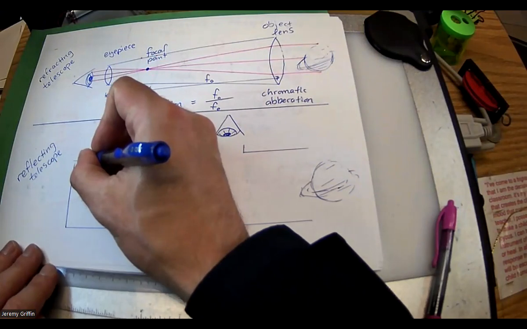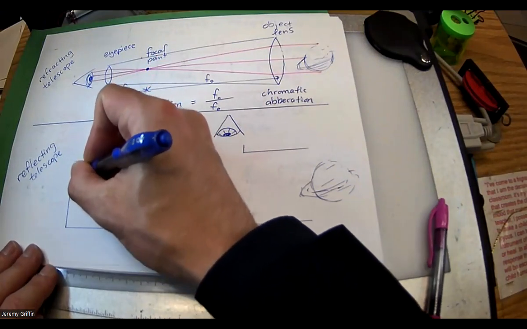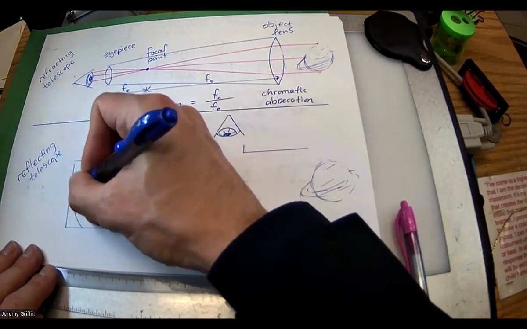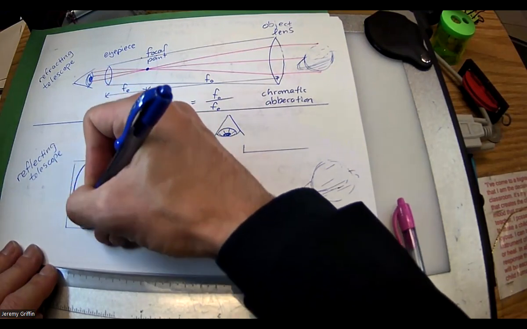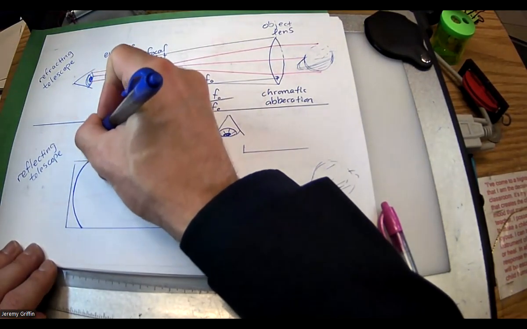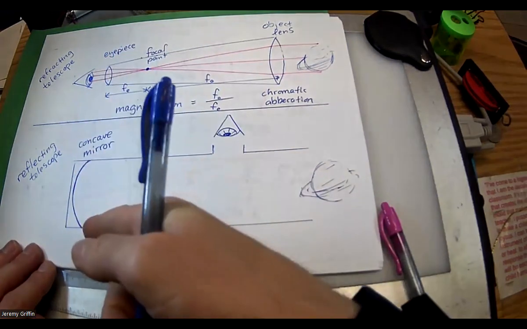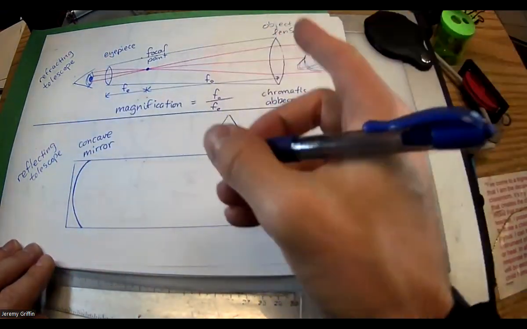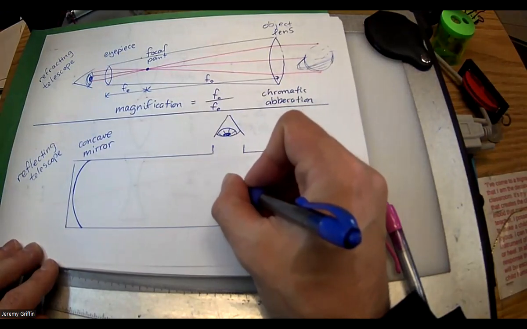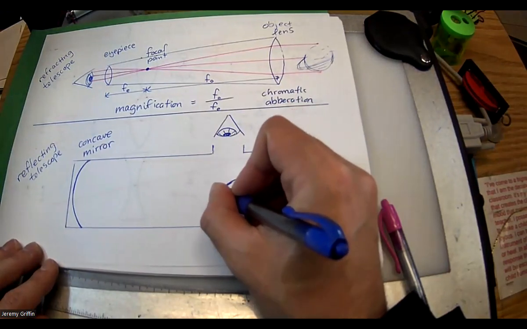Isaac Newton said, I'm going to put a concave mirror right here. So this is a concave mirror. You guys see that? And then I'm going to put a second mirror at 45 degrees right here.